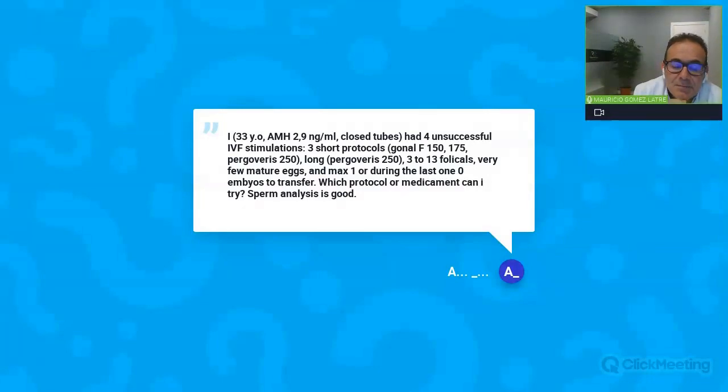I can send this patient the test in order to see if she has a receptor more resistant to the action of gonadotrophins, because obviously you have to recognize this is an unexpected negative answer. That's why more studies might be done in order to know what happens.